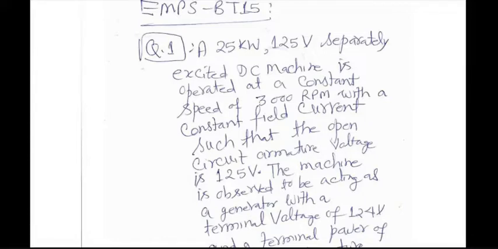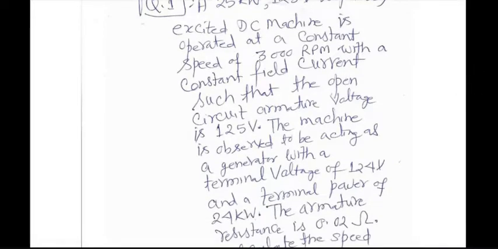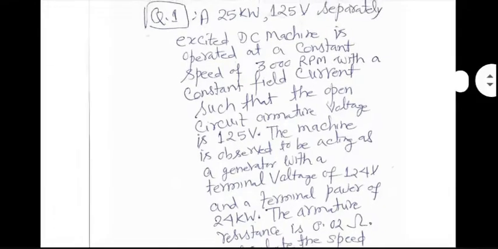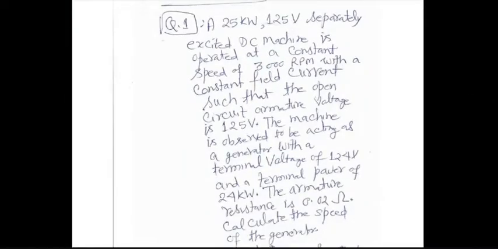The machine is observed to be acting as a generator with a terminal voltage of 124 volt and a terminal power of 24 kilowatt.